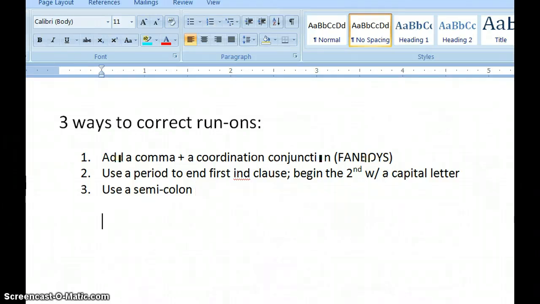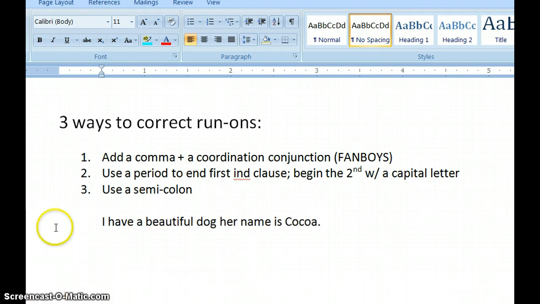All right. Okay, let's try one more run-on sentence. Okay, there you go. Here's a run-on. Take a moment, pause the video, and see if you can figure out where the two independent clauses come together. Where does it need to have separation?